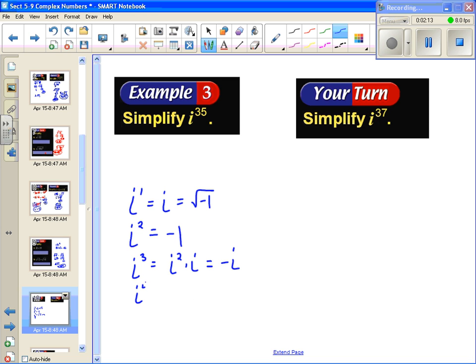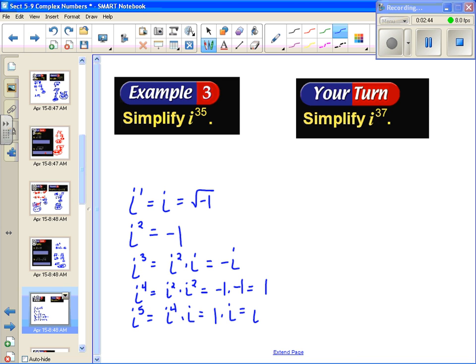i to the fourth power, I can think of as i squared times i squared, which is -1 times -1, which is 1. Now, if I went on and did i to the fifth power, I would have i to the fourth power times i, which would be 1 times i, because remember, i to the fourth power we just said was 1.